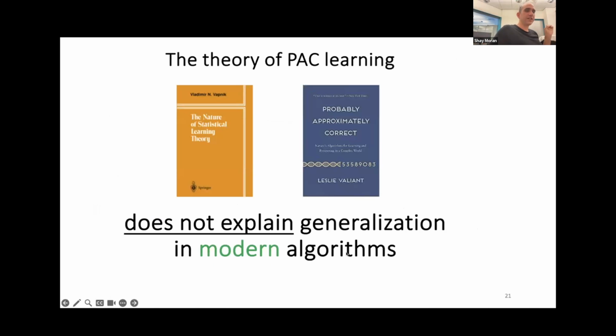So now let's discuss a little bit in what sense this theory of PAC learning does not explain generalization in modern algorithms. Can I say one more thing, Richard? Of course, Avi. Yes, so this Occam's razor, this way to find the optimal hypothesis, is not always sufficient. There are problems for which it is hard to solve.